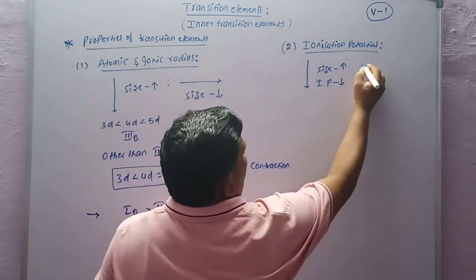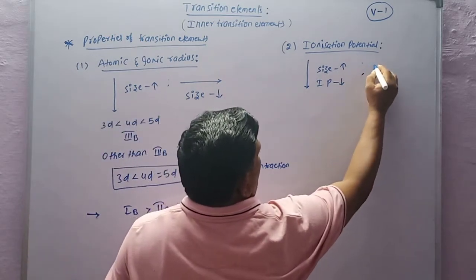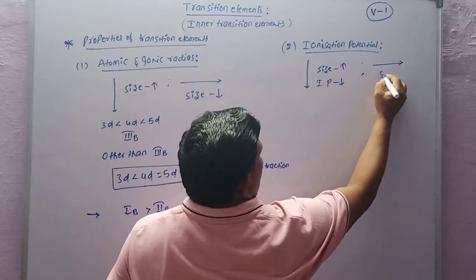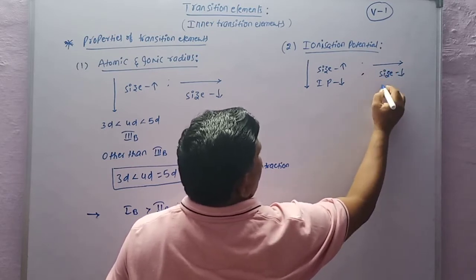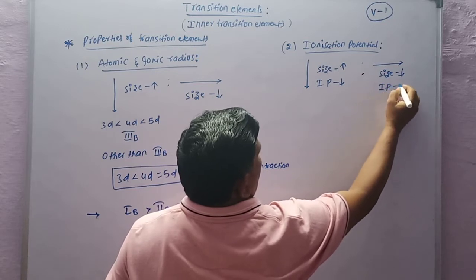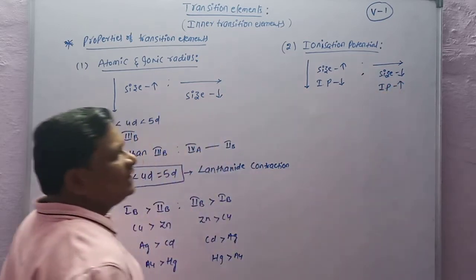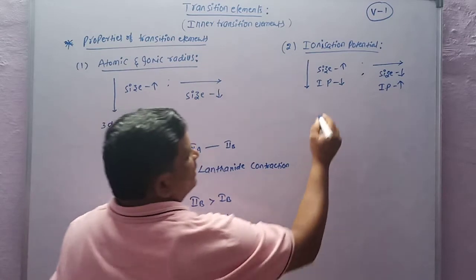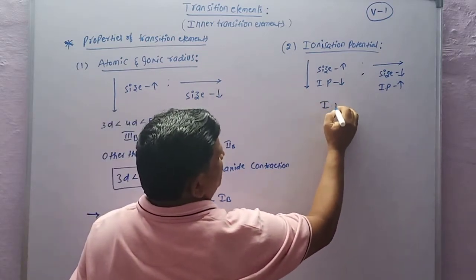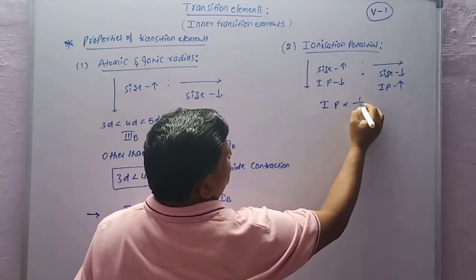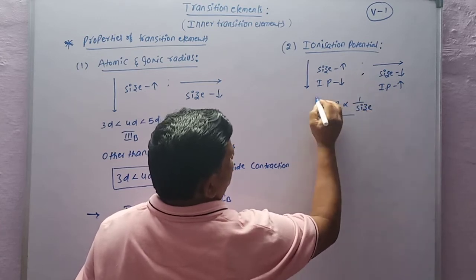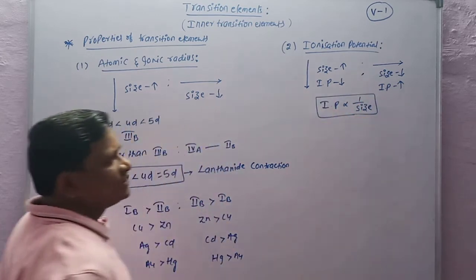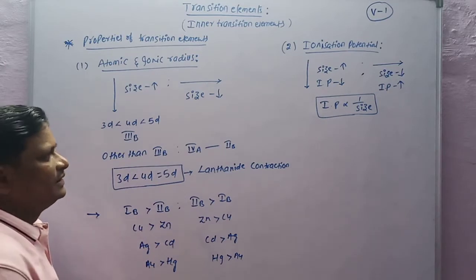Now with respect to periods from left to right, size decreases, ionization potential values increase. Generally ionization potential is inversely proportional to the size.